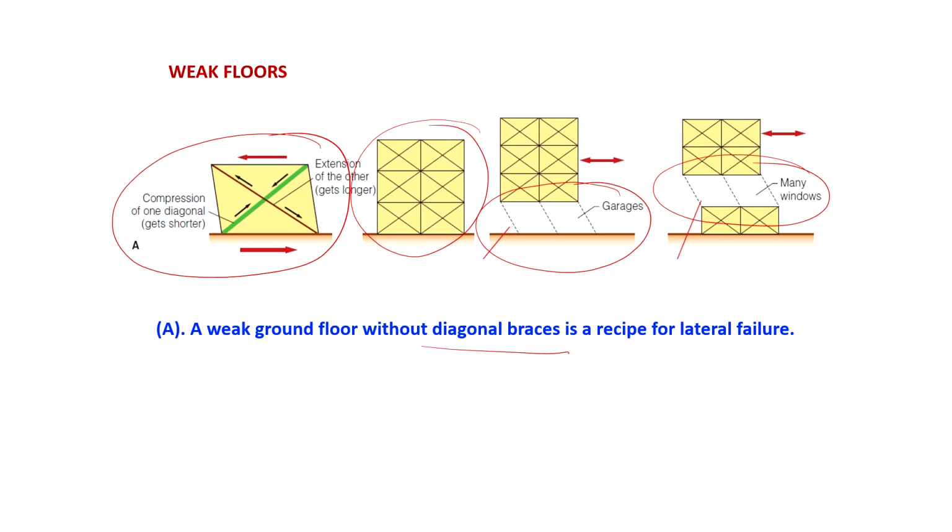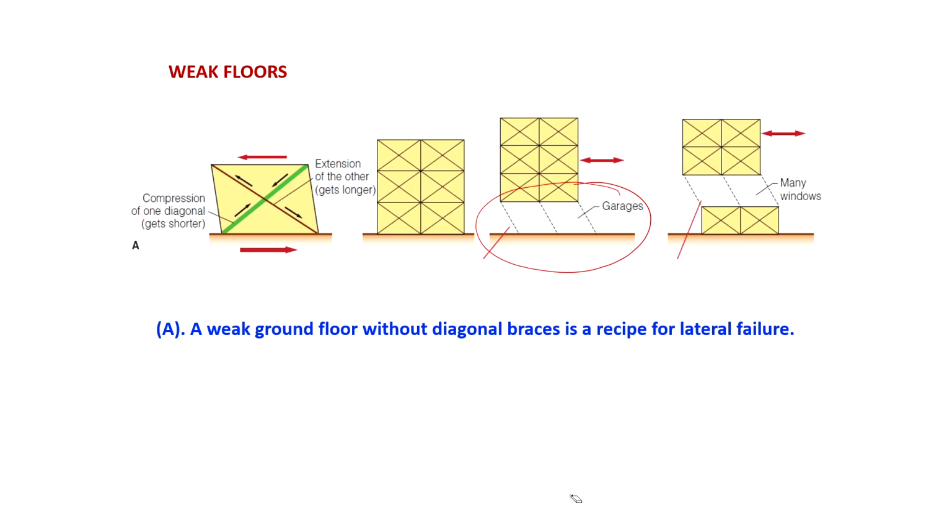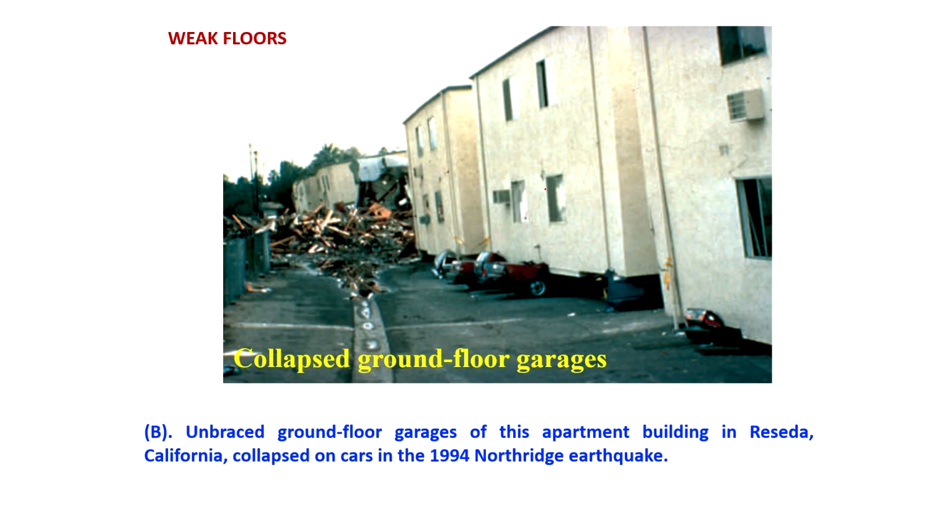Now, what has been experienced in a few of the earthquakes is where people had this open ground story, which has been used for garages, parking places and all that. So, this is an example of an unbraced ground floor, and the apartment's ground floor is completely gone. And this apartment in the US is not very tall, we can say ground plus 2 stories more.